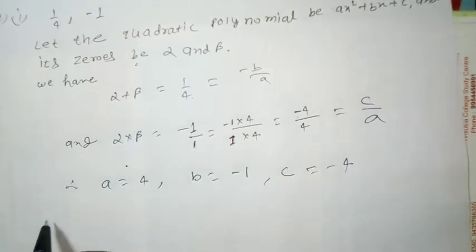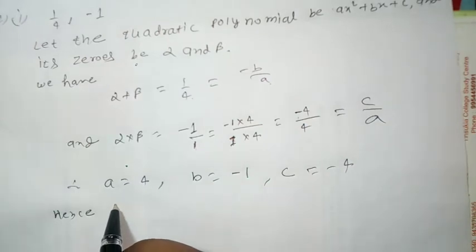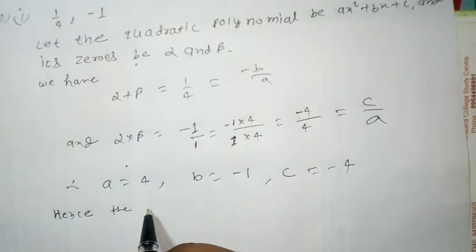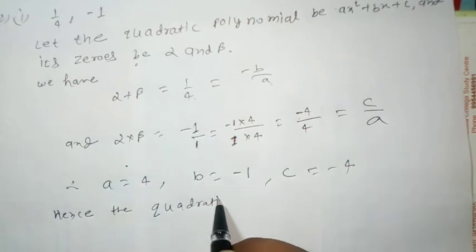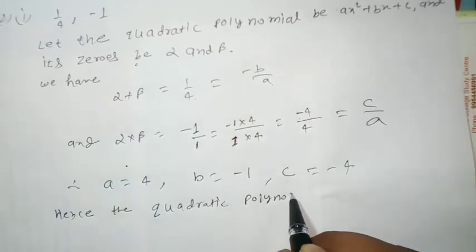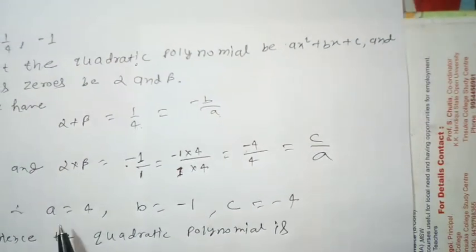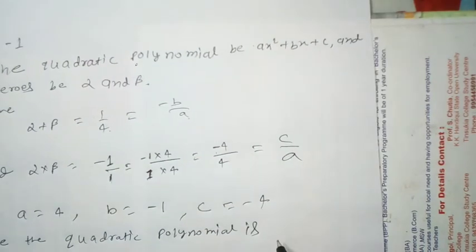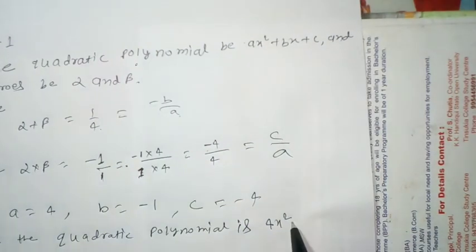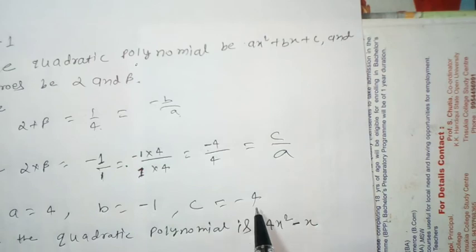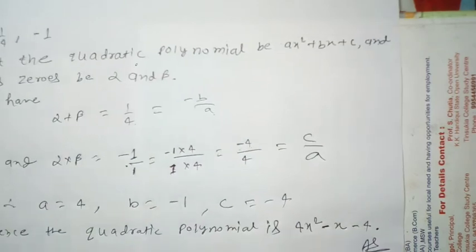Hence the quadratic polynomial is 4 put in the place of a, so 4x square, minus 1 put in the place of b, then minus x, and c is minus 4. Okay, this is the answer.